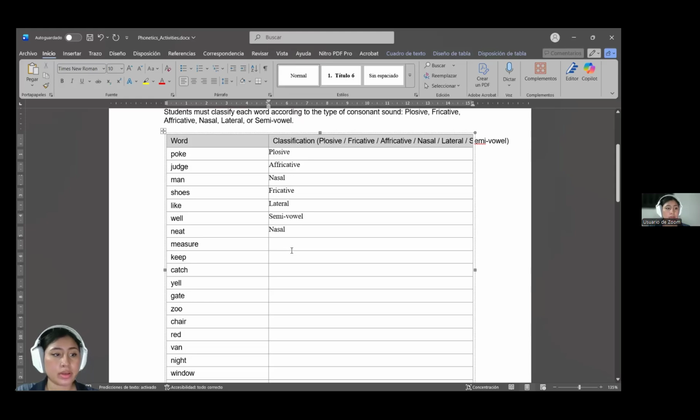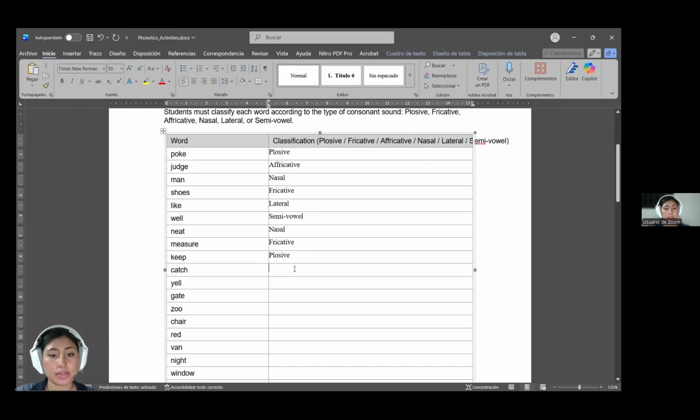Measure. Yes, it is fricative. Keep. Keep. Plosive. Yes. Catch. Catch.